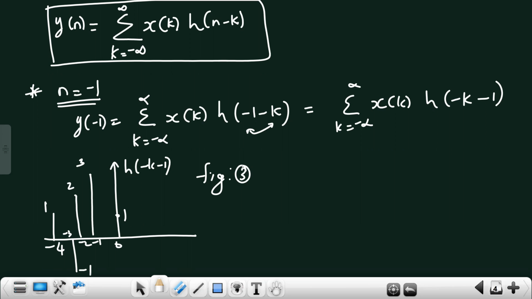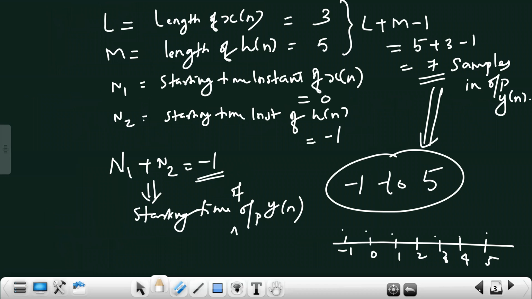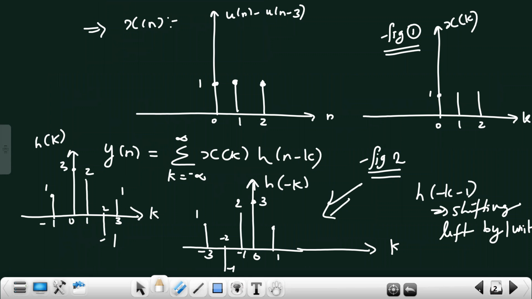And for observing the two figures easily, you can plot x of k again. You can copy x of k again from figure number 1. X of k is already plotted in figure number 1. You can replot that again because you need to observe the two graphs parallelly.